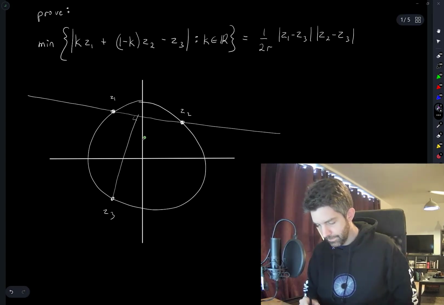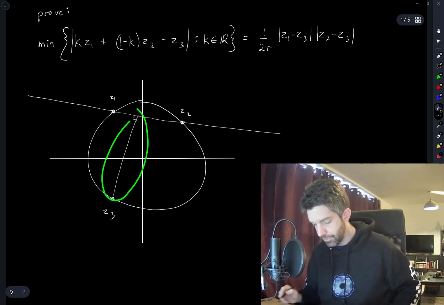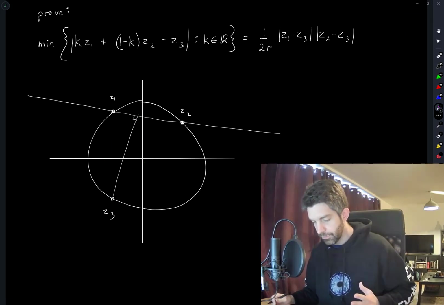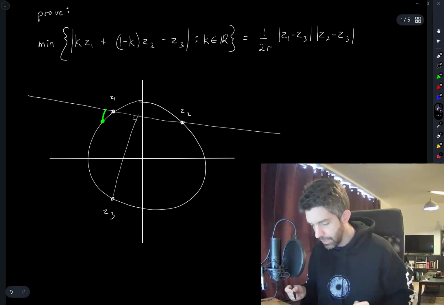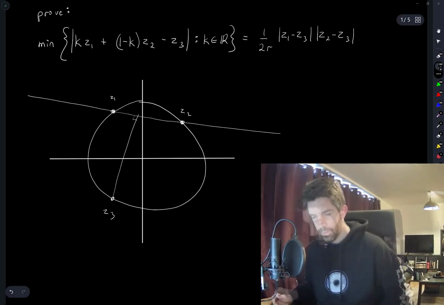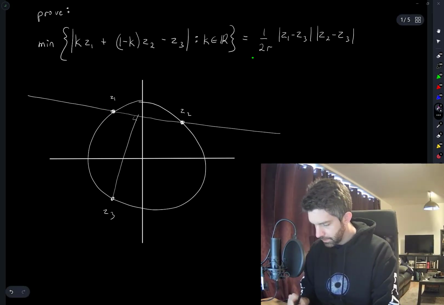Now the way I've drawn it here, this line segment connecting Z3 to the line is fully within the circle, but that doesn't necessarily always have to be the case. For example, if Z3 were over here, it would connect outside of the circle. So now that I've drawn this, we can identify some of the quantities on the right-hand side also.